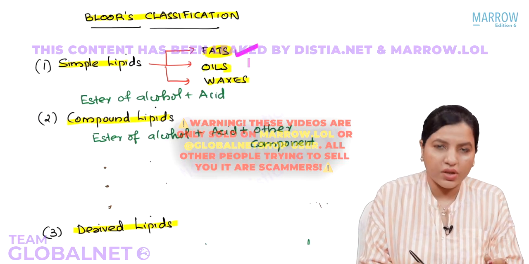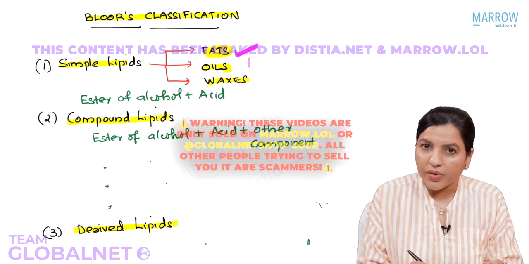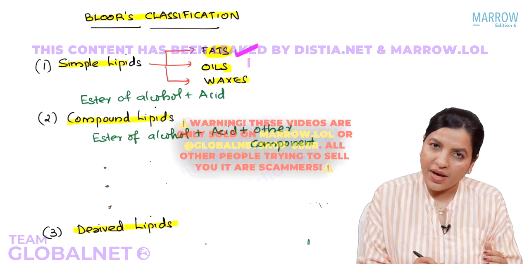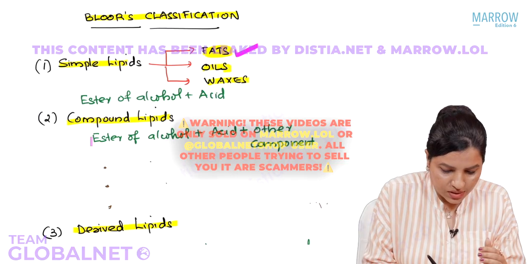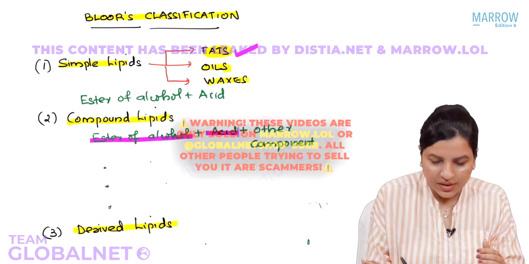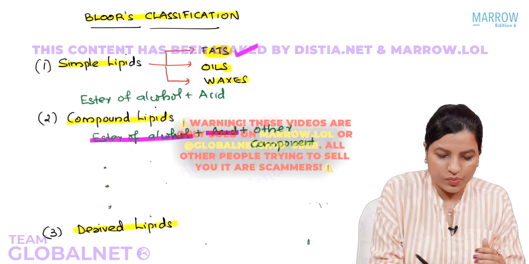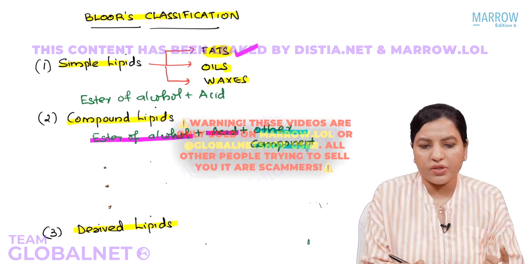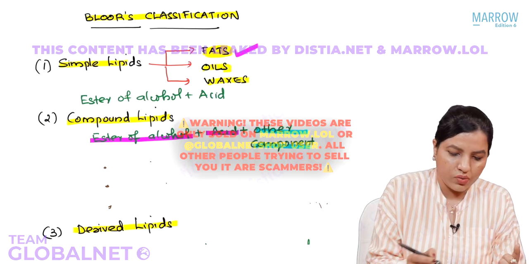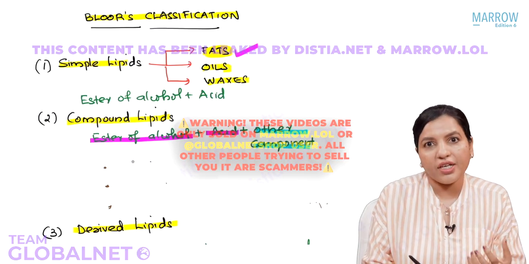Now, we move on to the compound lipids. Compound lipid means that they have all the components of simple lipids, that is, they are also esters of alcohol and an acid, plus it has other groups. That makes it different. So, what are the examples of compound lipids? If I say the name, you all know it.